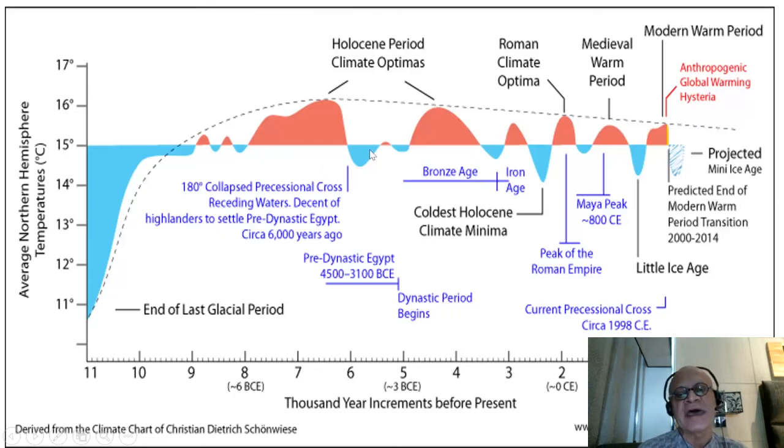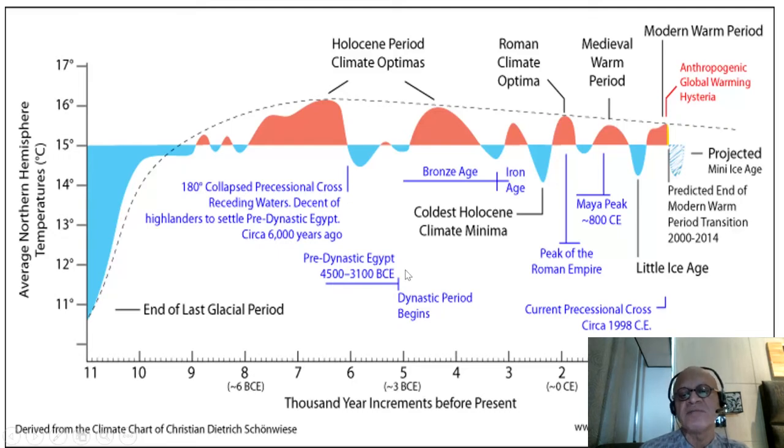Before Common Era, we had the so-called climatic optimum, a detail of climate that we didn't talk about. Descent of highlanders to settle pre-dynastic Egypt circa 6,000 years ago. So the climate optimas occurred here with little cooling periods with pre-dynastic Egypt, 4500 to 3100 BC.